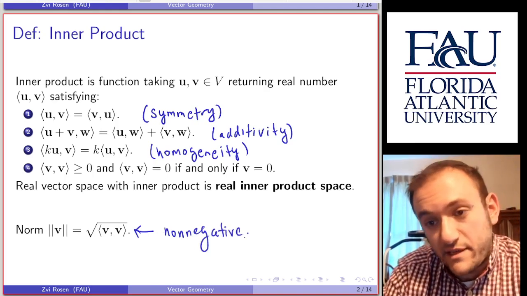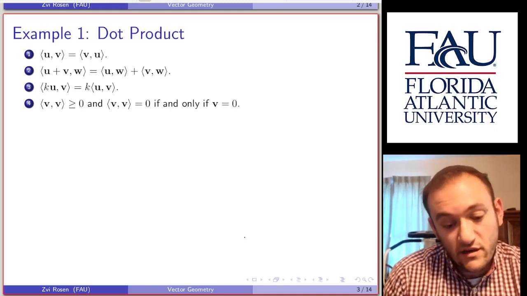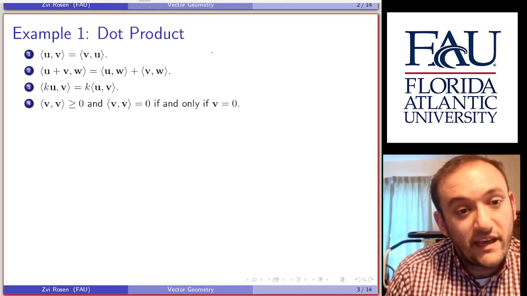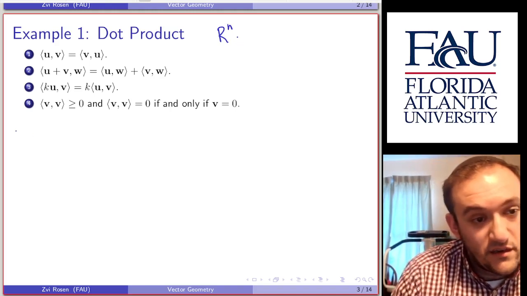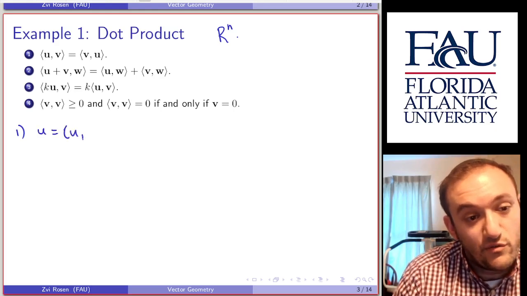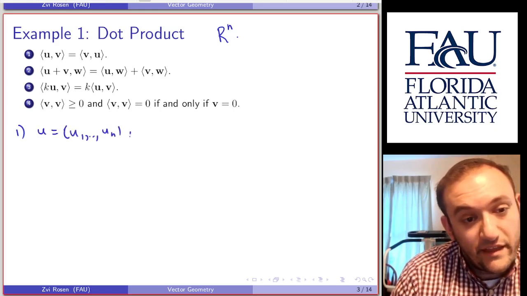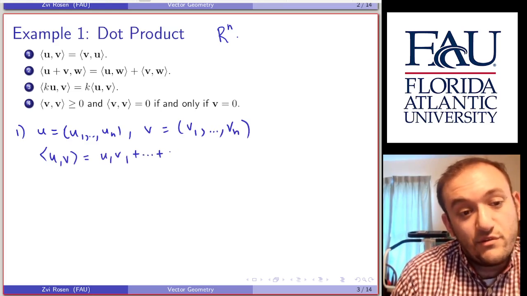Okay, so let's see some examples. First example, easiest example, is a dot product, okay, which is what we saw in the last lecture. And let's assume we're in Rn, and let's just verify each of these properties. So for the first property, if we assume that u is equal to the vector u1 through un, and v is equal to the vector v1 through vn, then the inner product <u, v> is equal to u1 v1 plus up to un vn.